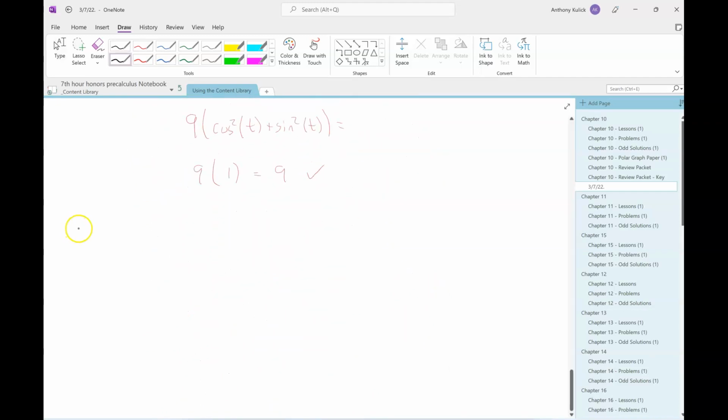Let's talk about going from Cartesian to parametric.